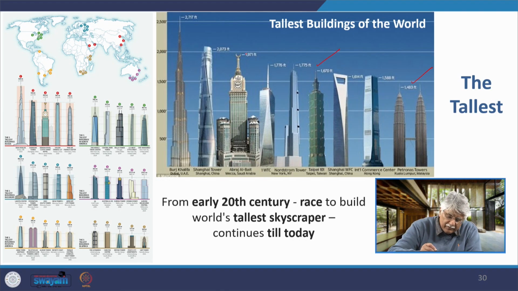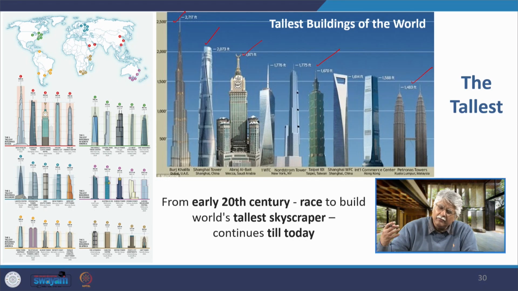Then we have this Abraj Al Bait in Mecca in Saudi Arabia, which is 600 meters plus. It's a mega tall skyscraper. We have this building, the Shanghai Tower in Shanghai in China, and then there is the Burj Khalifa at 800 plus meters. So across the globe there is this competition to make the tallest skyscrapers.